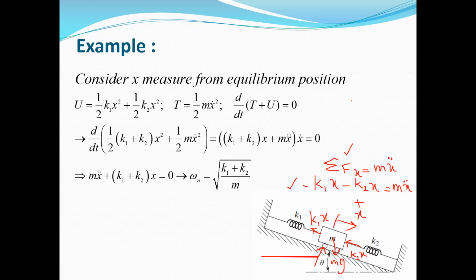In previous sessions, I showed you a system with vertical vibration with mass M and a spring K. I explained that if you extract the equation of motion about the equilibrium position, you don't need to consider the weight and you don't need to consider the initial elongation. If you do not extract the equation of motion about the equilibrium position and consider the weight and also the initial deflection, these two terms will cancel out each other.